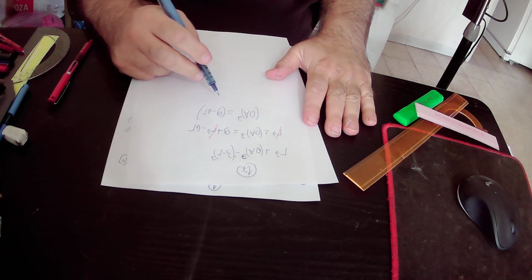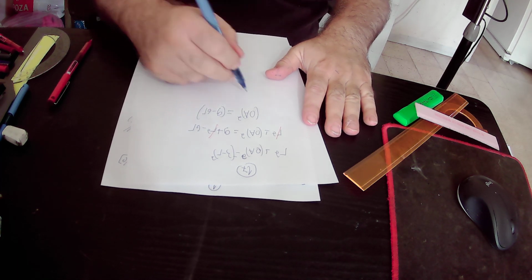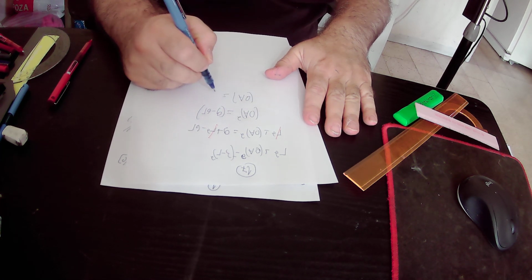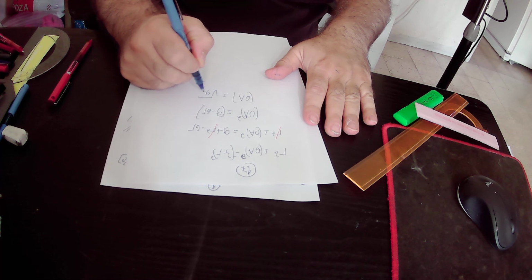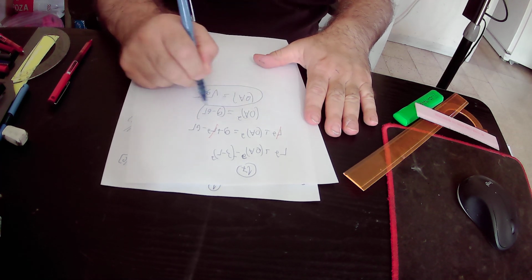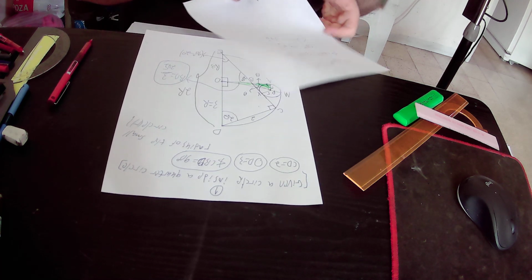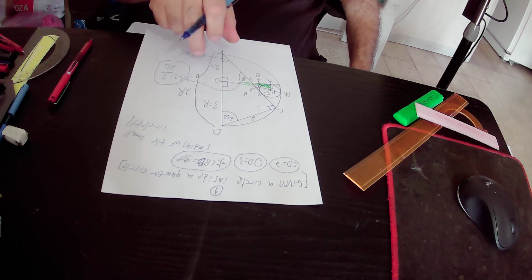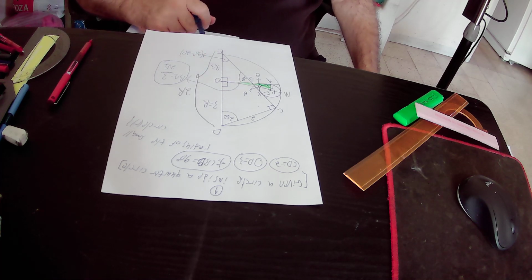So here we'll take a root of this equality and we will get that OA equals the root of 9 minus 6r. That is the value of OA.